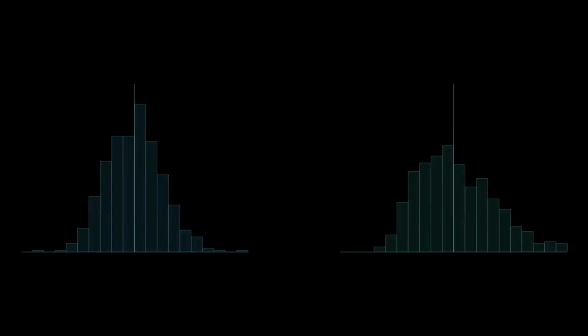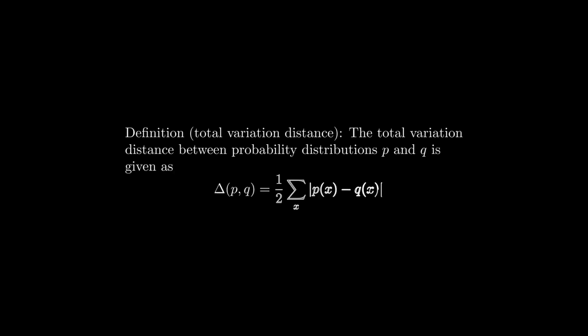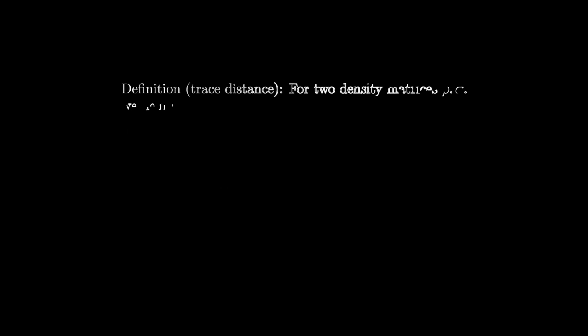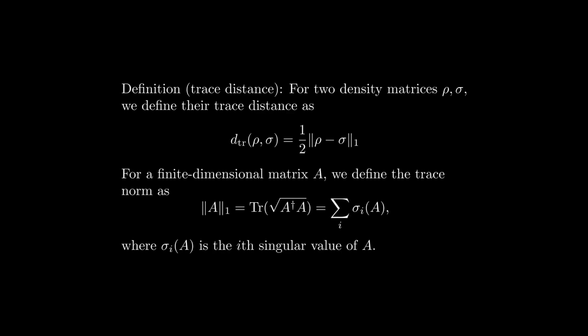One such metric is the total variation distance, which, for discrete domains, we can write as 1/2 times the L1 distance between the distributions. Generalizing this approach to density matrices, we have that the trace distance is defined as 1/2 times the trace norm of the difference between the two density matrices.